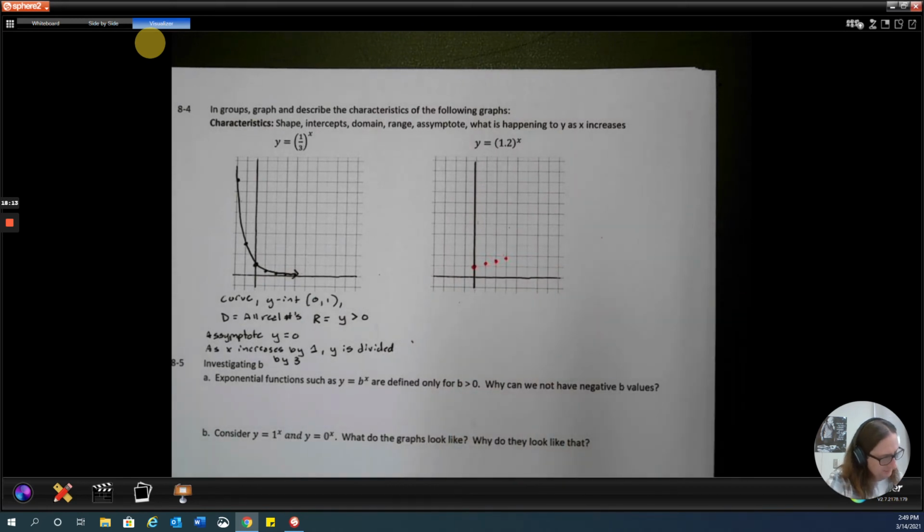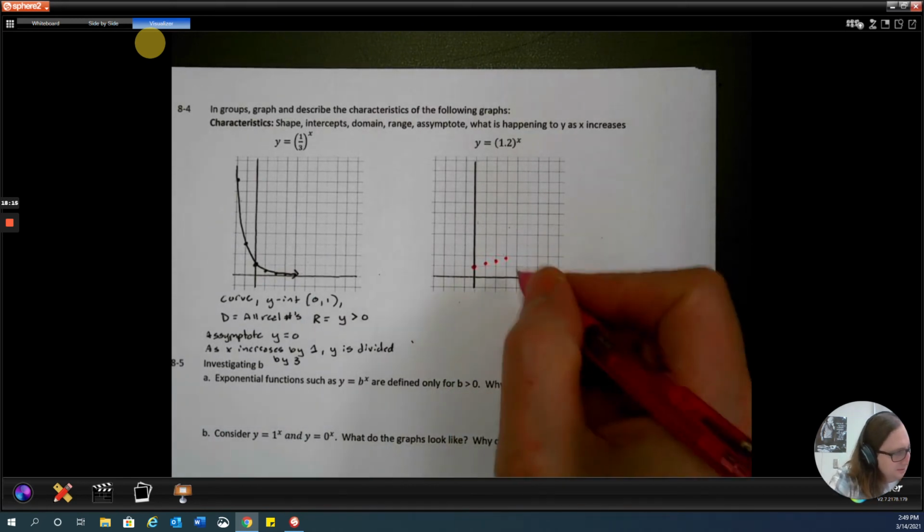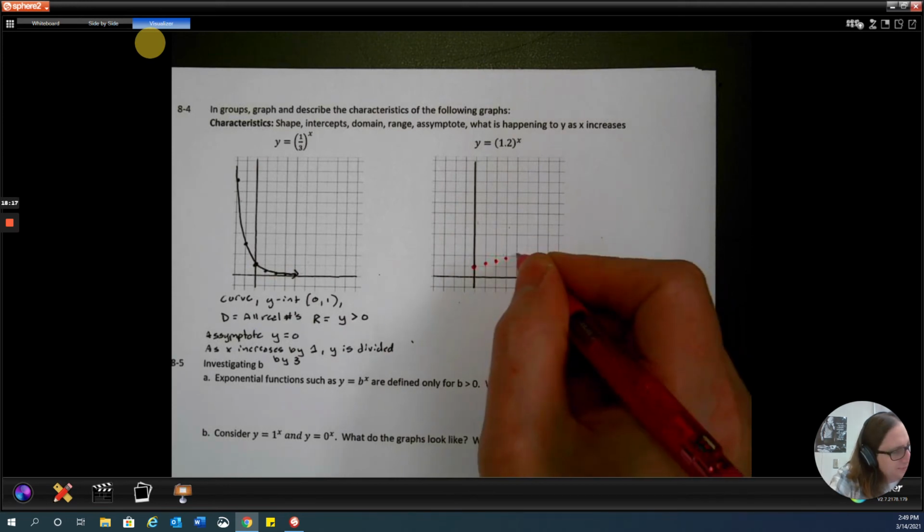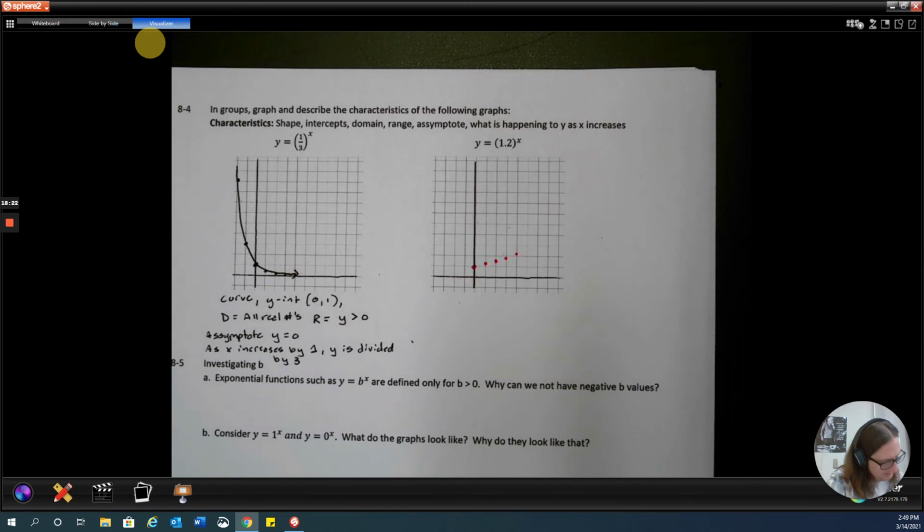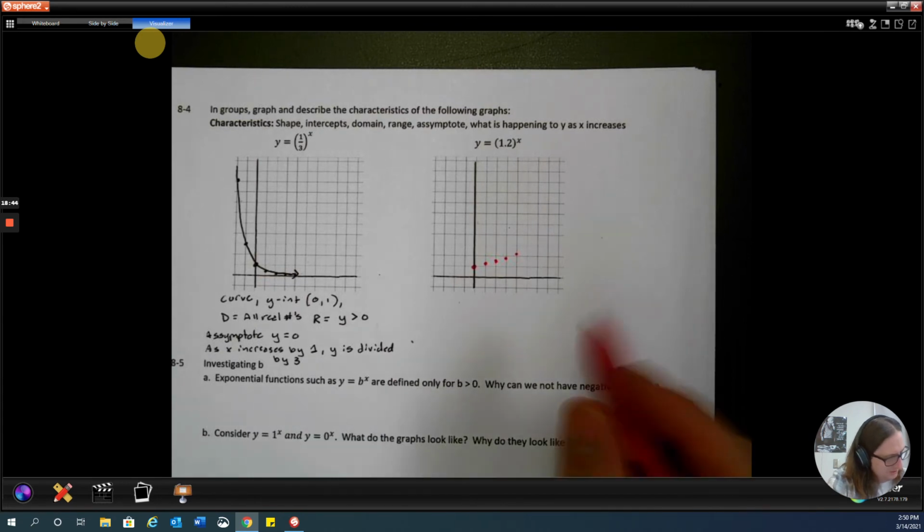Times 1.2 again. 2.07. So it's about right there-ish. Next one, times 1.2. All right, it's 2.4.